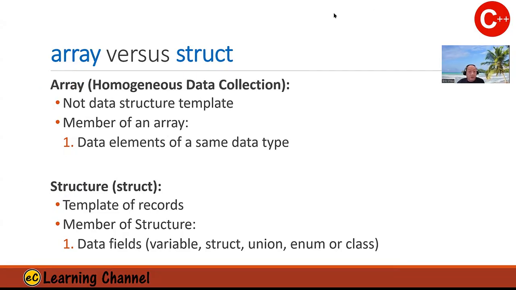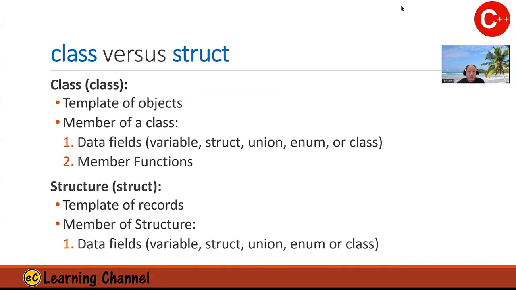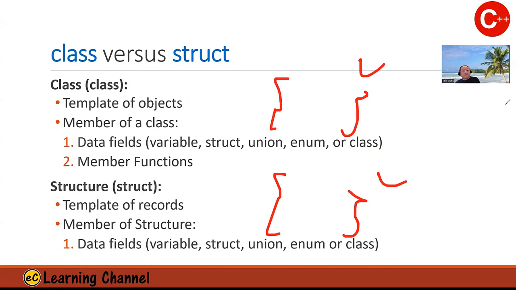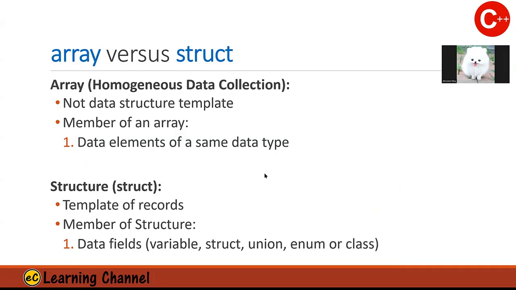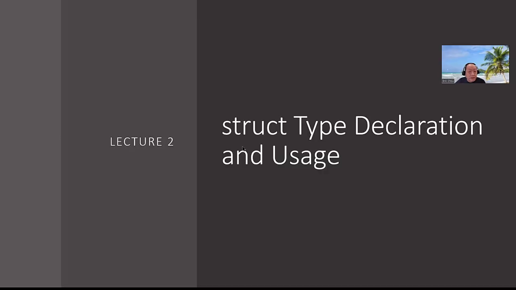So for array you directly assign a value using this. But if you assign a value directly to a structure using these, or to a class using these, it's still okay. Is that okay so far? Okay, these are things you need to remember, okay? Comparison.